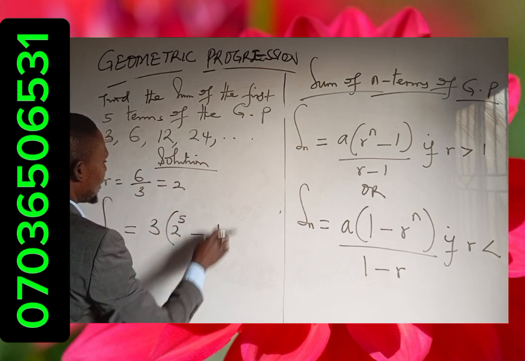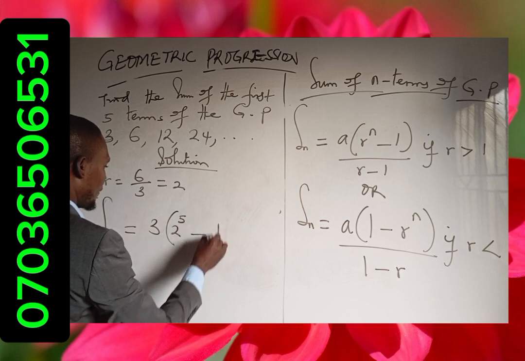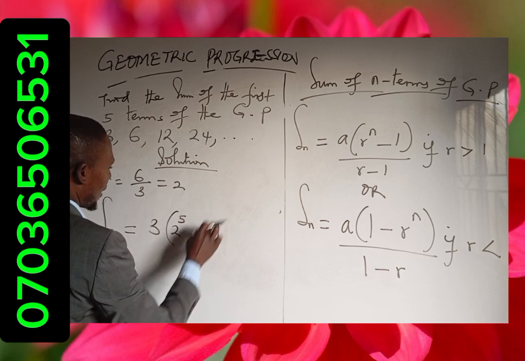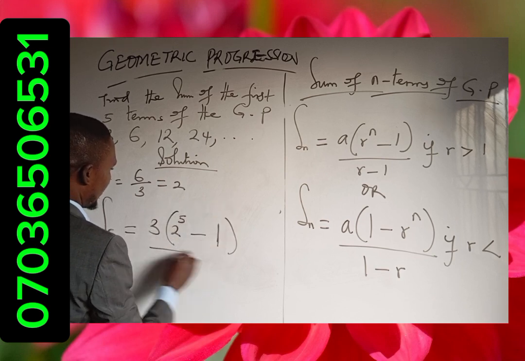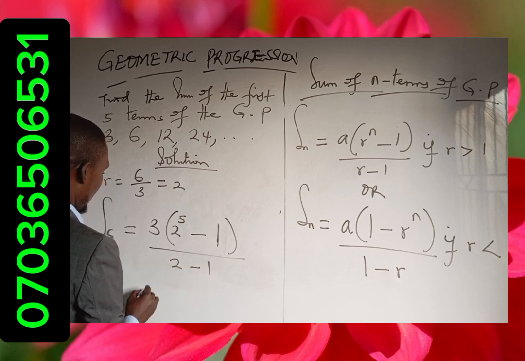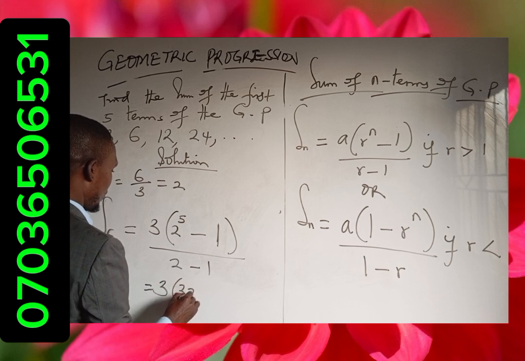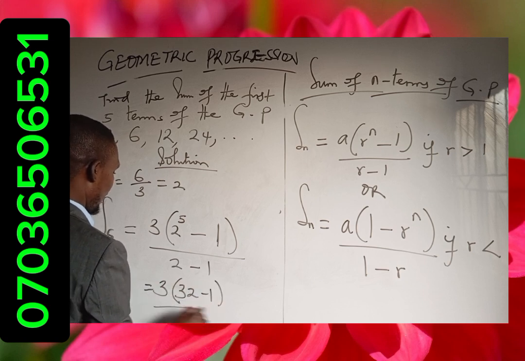Please, the minus 1 is on its own, it's not a power. Everything divided by R minus 1, which is 2 minus 1. This will give us 3, open brackets, 32 minus 1, everything divided by 1.